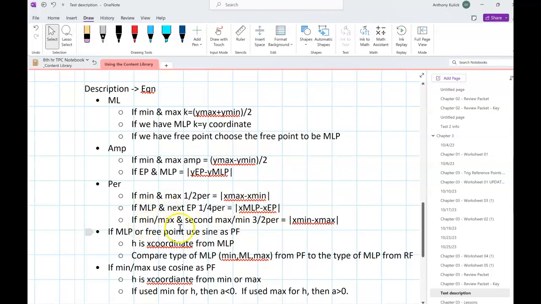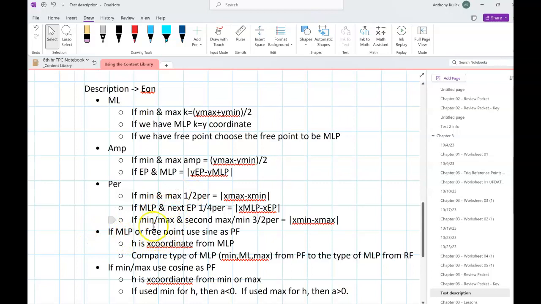And then if I have a min or max and then the second min or max after that, I'm going to have 3.5 periods equal to the difference between those x coordinates. I think these were the 3 different types of situations where the period wasn't just flat out given to you. Does that sound familiar for those of you that did the worksheet? So I made a note of what to do in those situations.